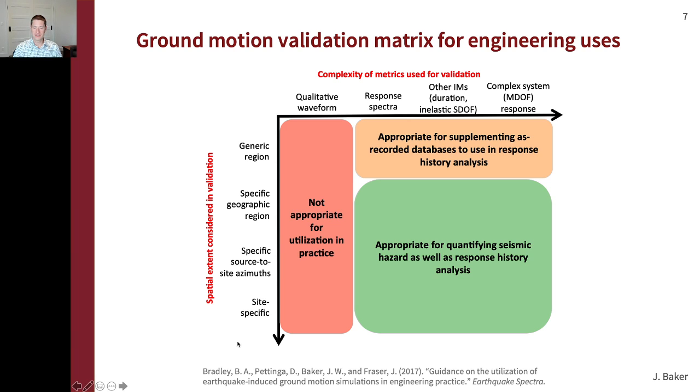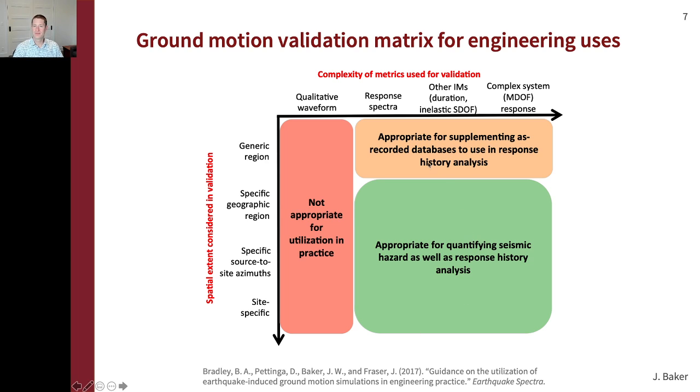And then we can go all the way to site specific. And so here now we've got the characteristics of our particular site, the characteristics of the sources and the wave propagation paths from those sources to the site. So that would be the most refined situation, and that's where the simulations have the potential to capture the effects of particular wave paths that the empirical ground motion models wouldn't capture.